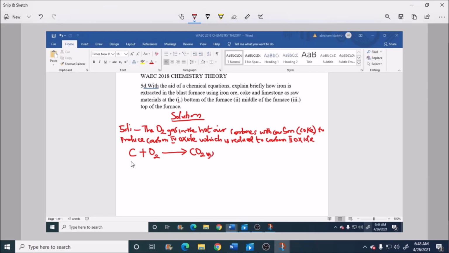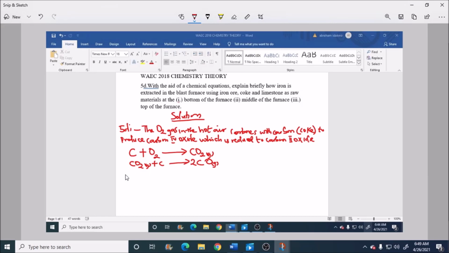Then this carbon 4 oxide gas, CO2 in gaseous state, is reduced to form 2CO, that is carbon 2 oxide, as explained above. So with the aid of the equation, we have C plus O2 giving CO2 gas, then carbon 4 oxide gas reduced to carbon 2 oxide.